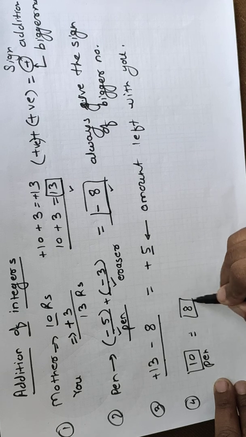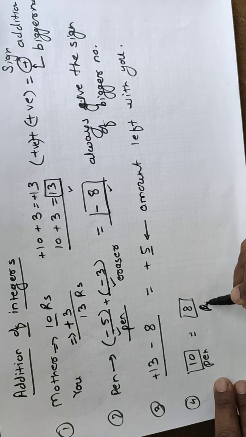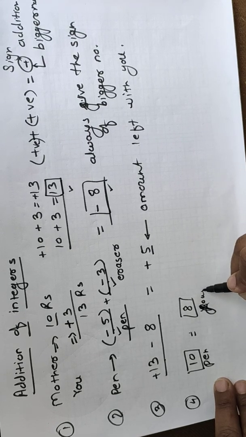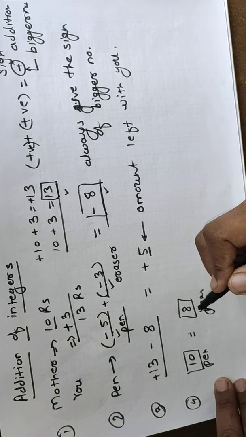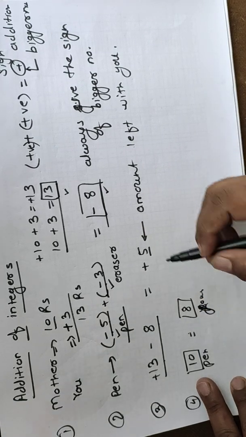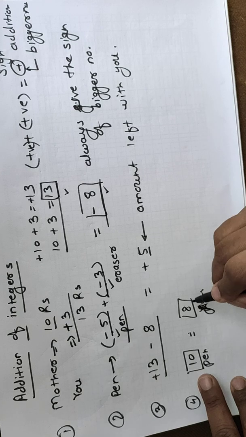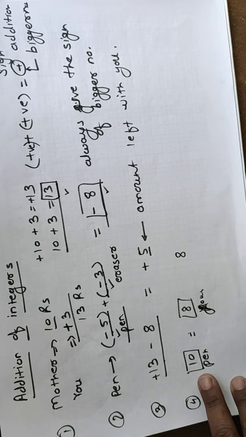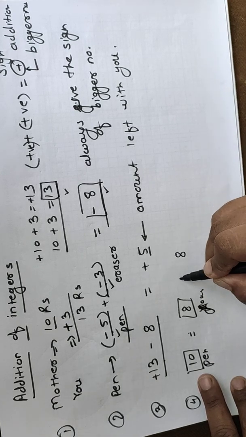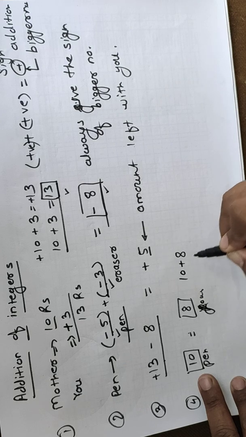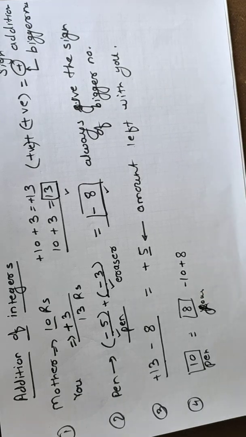Now how many rupees extra do you need for this? In that situation, actually you have how many rupees? 8 rupees. And you need how much? 10 rupees. So we have to subtract this 10 from this 8.